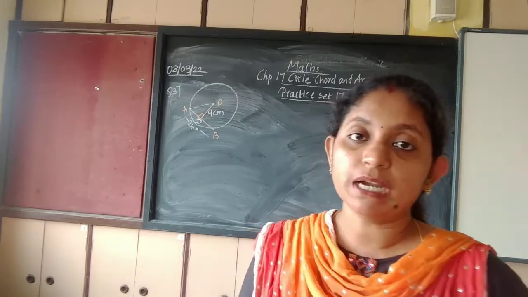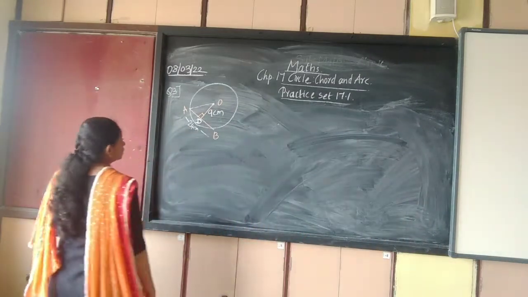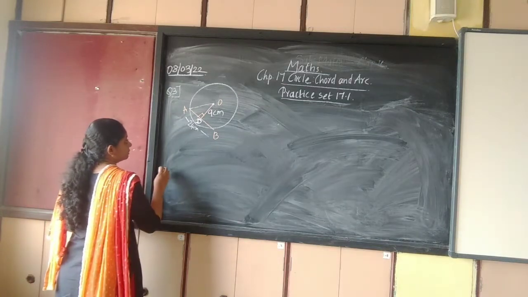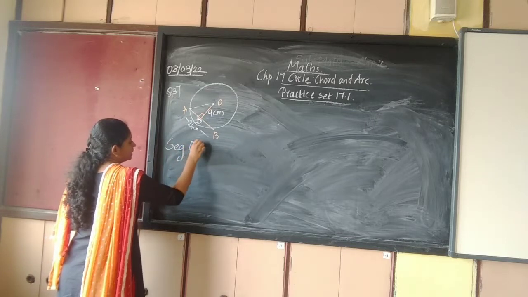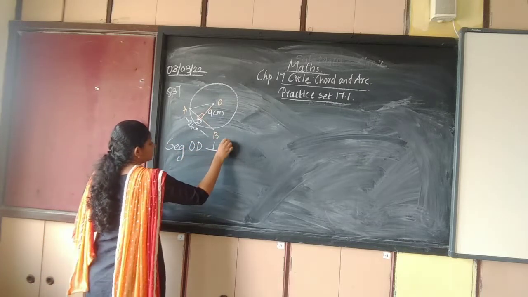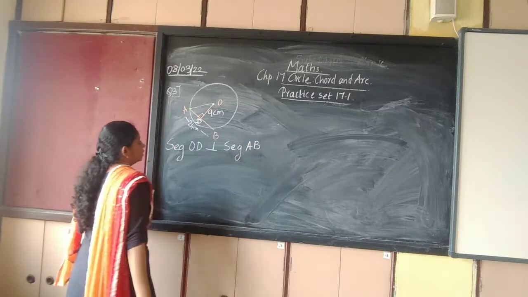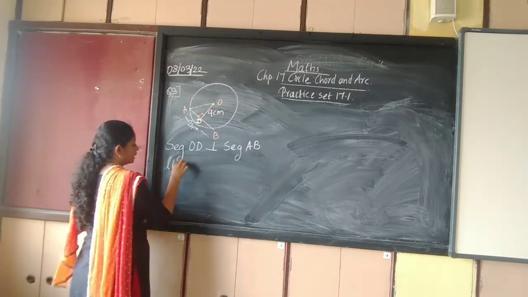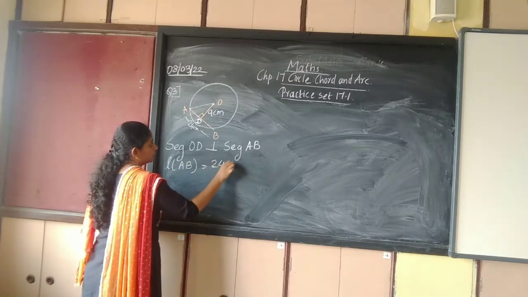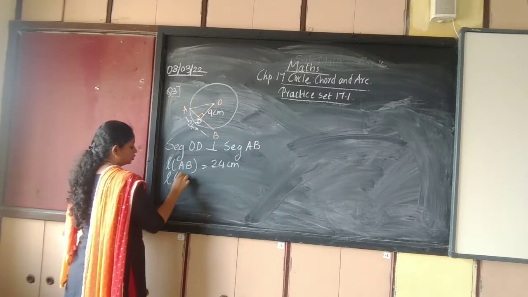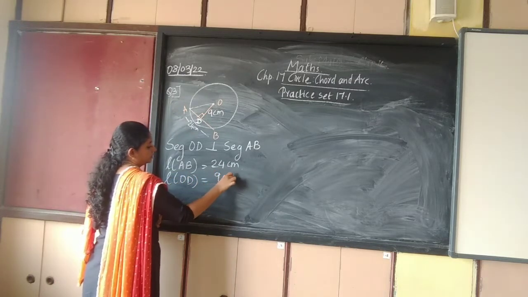So it will be nothing but 12. Okay. So for the writing part, you have to write down what is perpendicular to what. Segment OD is perpendicular to segment AB. Length of AB is equal to 24 centimeter. Length OD is equal to 9 centimeter.